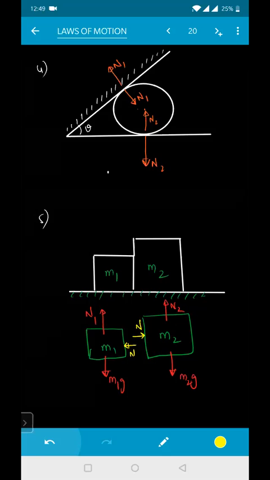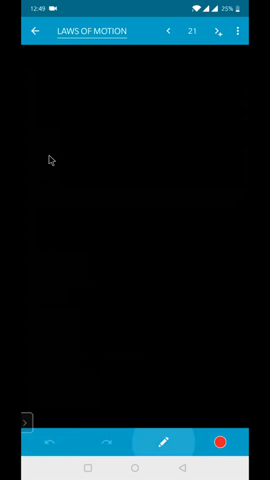Let's do a small question. Find the normal force between number one, block and the floor.